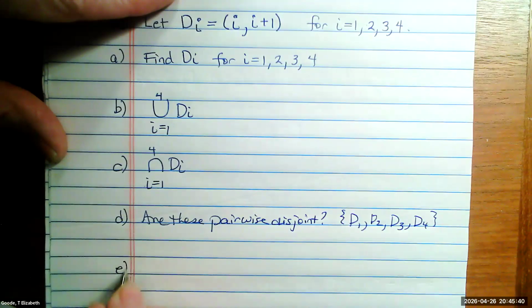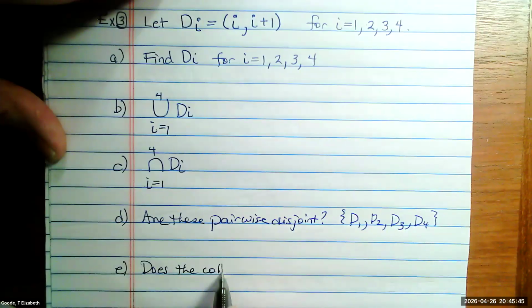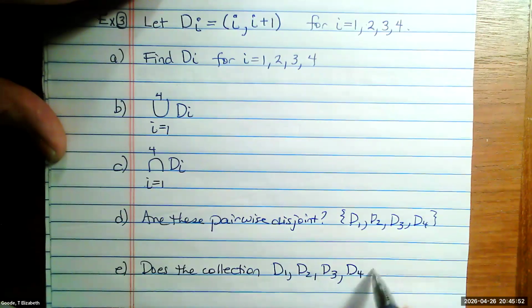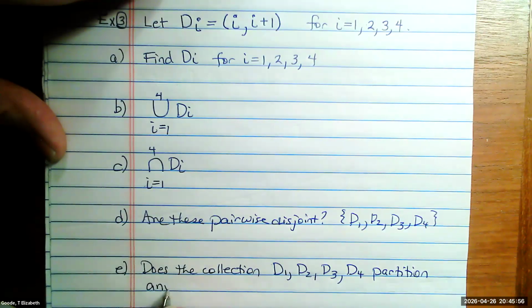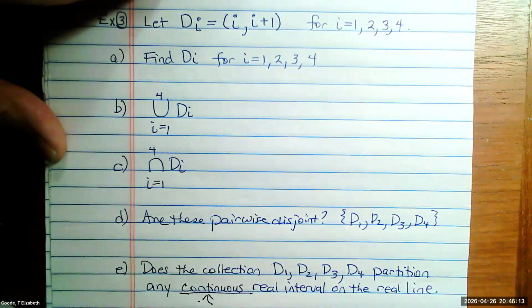And then does the collection D1, D2, D3, D4 partition any continuous real interval on the real line? And continuous just means no breaks.